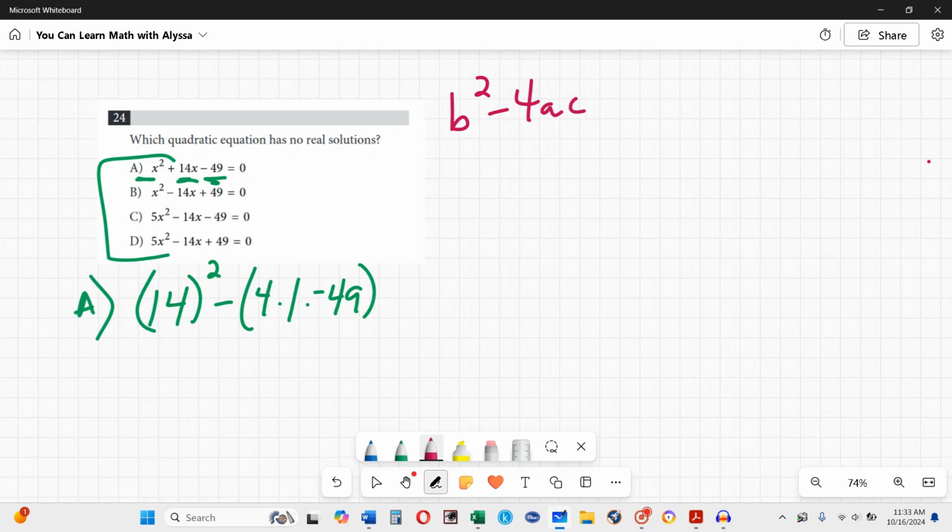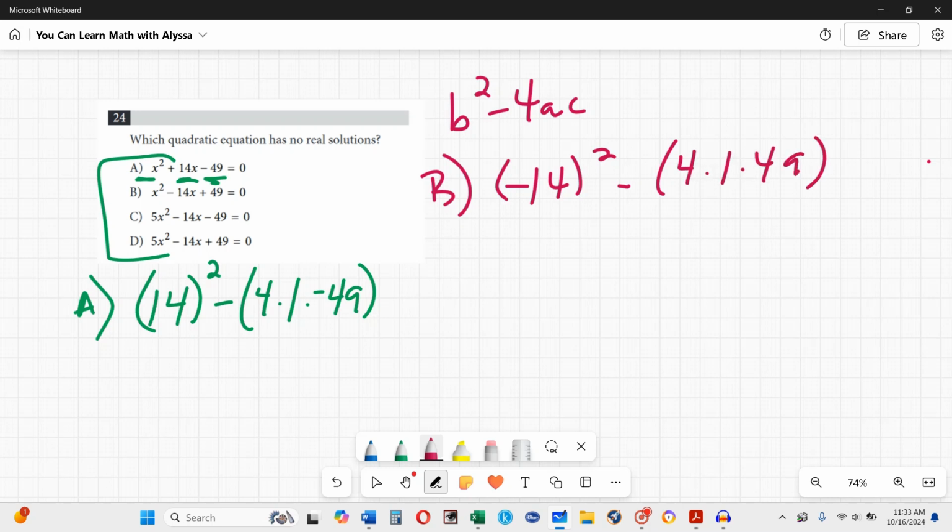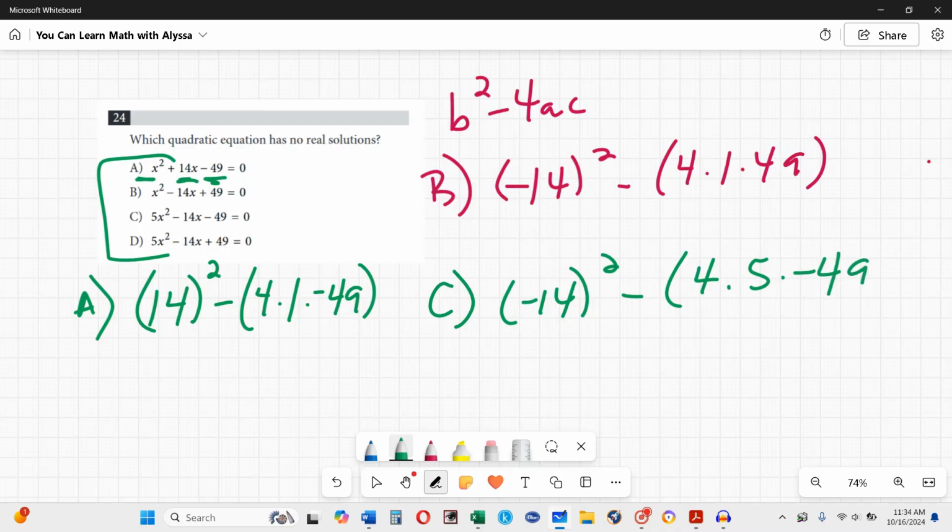Okay, and now I'm going to put my b answer: b squared, negative 14 squared minus 4 times 1 times 49. Okay, then I have my c, which is negative 14 squared minus 4 times 5 times negative 49.